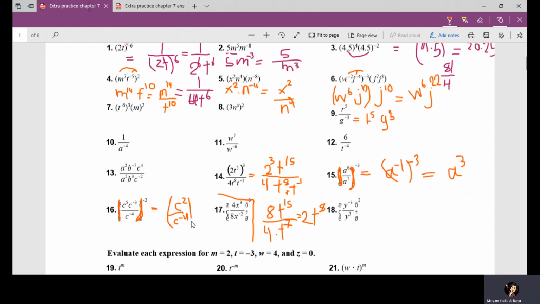All this to power negative 2. Because these still have the same base, between them division, you can also subtract the powers. Keep in your mind, once you subtract the power here, 2 minus negative 4, from the rule, it will be plus, so that will be 6. All this to power negative 2.